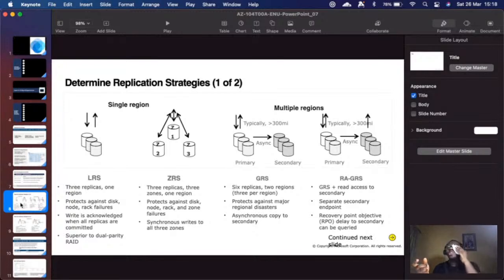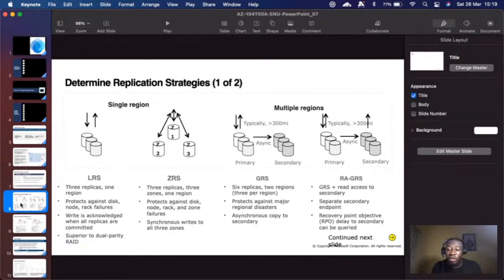So Azure wants a scenario where you call for your data from this region, let's say, for instance, Lagos, Nigeria, and your data is available for you. When you go to the northern part of Nigeria to call for that same data, it is available for you. How Azure is able to ensure this availability is what is called the replication strategies.